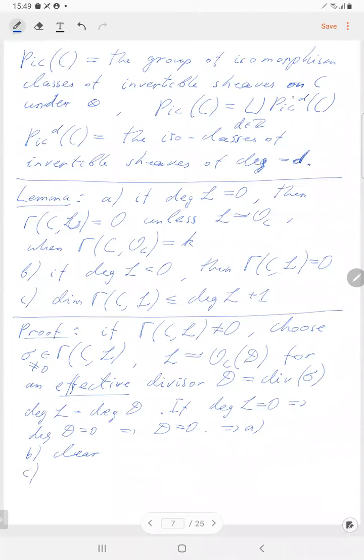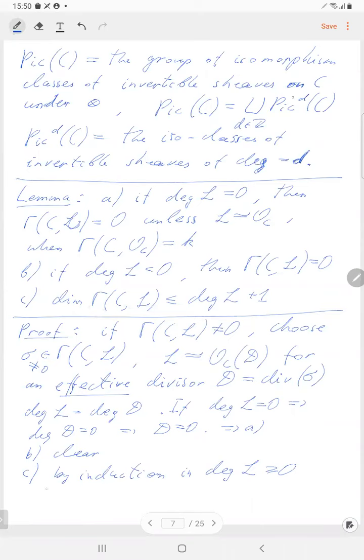And finally, let's prove C by induction on the degree of the invertible sheaf, which is assumed to be non-negative. If it's negative, then there's nothing to prove. What is the meaning of negative dimension? It's an interesting question, but maybe let's skip it.